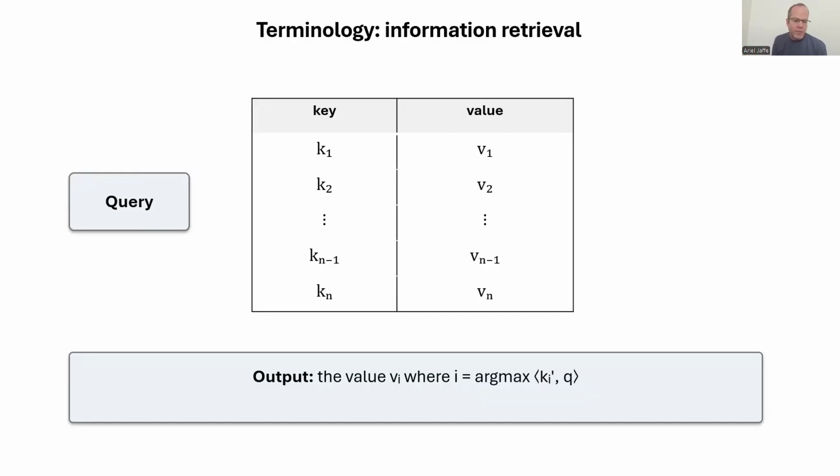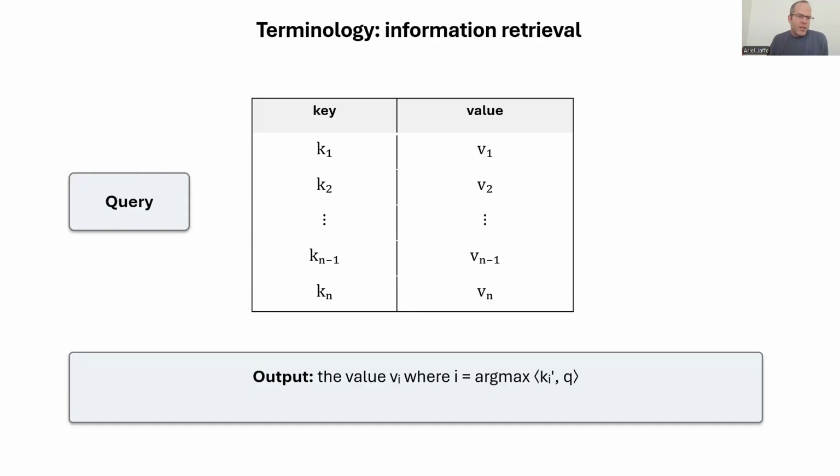So this is one column, and the next column is its value, the value of the element. And when I approach this database, I come with a certain query. And you can think about the query, the key, and the value as vector representations.